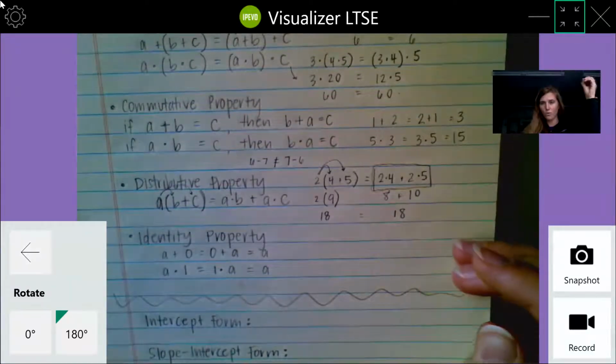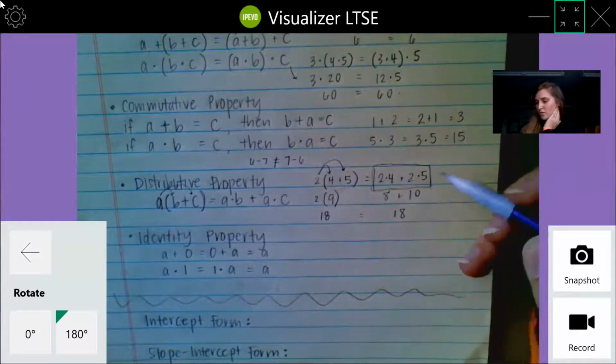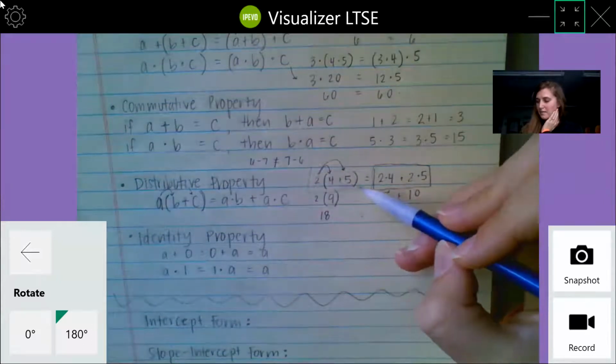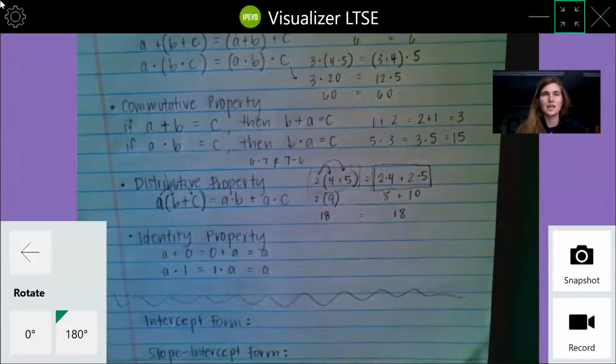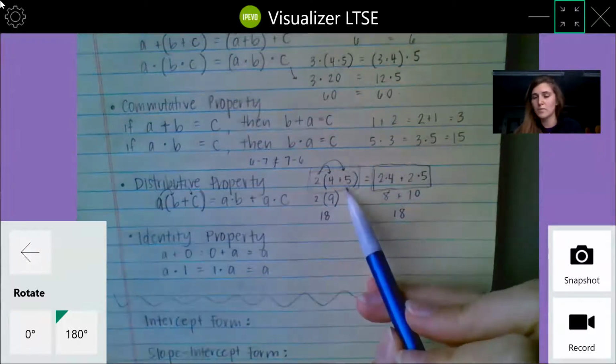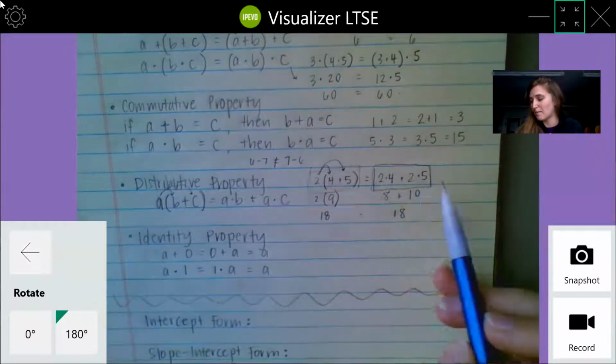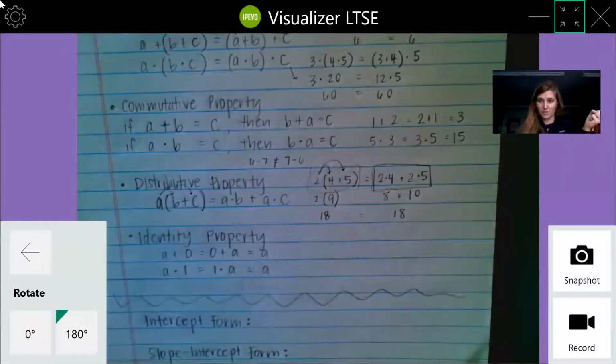So that means I could pull the 2 out of each of those and rewrite it back again like this. So we can go both ways. And dependent on the situation, it might be more advantageous to distribute. And in another case, it might be more advantageous to factor, to pull out.